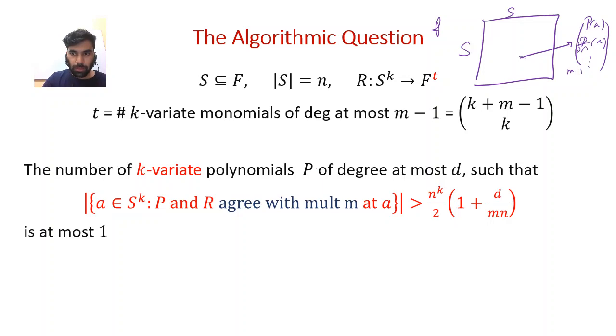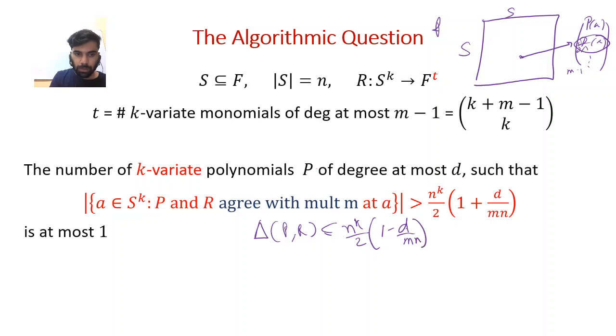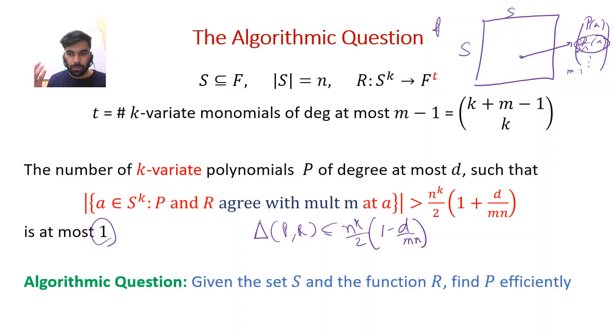So there were some of these locations where maybe some bit of information got corrupted, but we want to find all polynomials p which agree a lot with r. So this is just a restatement of the fact that delta(p, r) is less than n to the k by 2 times (1 minus d by mn). And we combinatorially saw that at most one polynomial can do this. We were interested in the natural algorithmic question: can we do this efficiently?